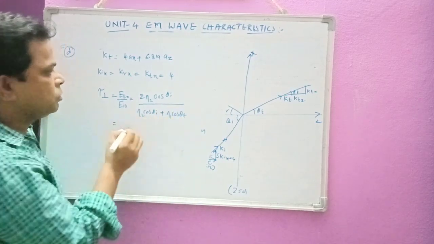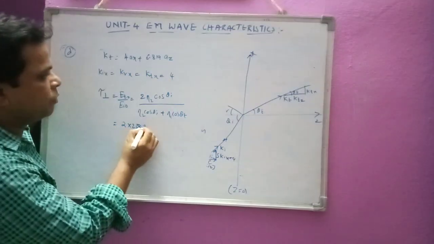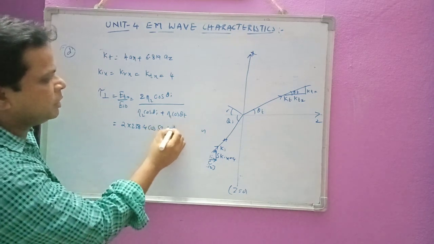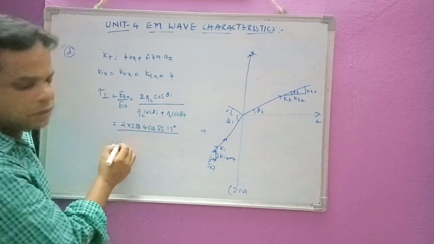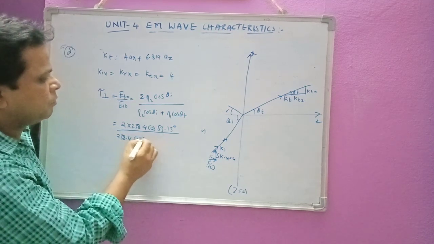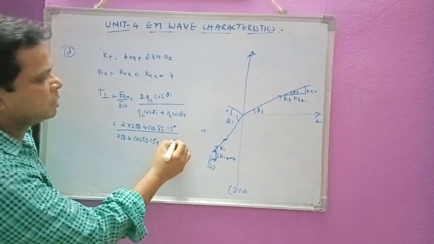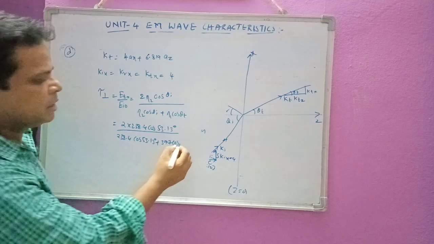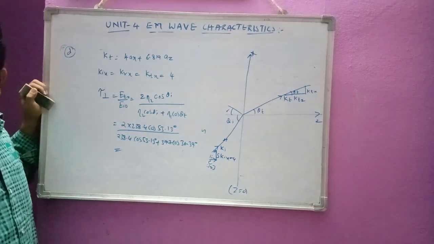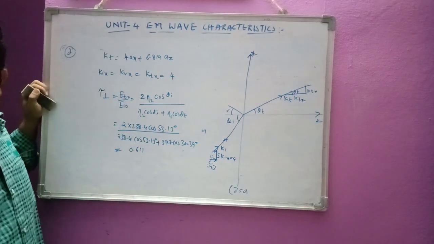Next, 2 eta 2 we have already got, that is 2 into 238.4 cos theta I. Theta I is here 53.13 degrees, and eta 2 is what we have got, 238.4, cos 53.13 plus eta 1 as 377 ohms, cos theta t, we have got theta t as 30.39 degrees. Okay, now after running calculations you may get this value as 0.611.